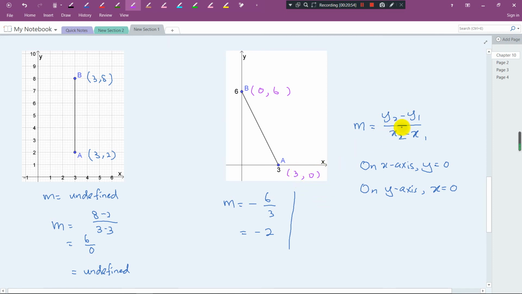Now let's try to use this formula. y2 minus y1. You can take 6 minus 0 or 0 minus 6, up to you. If you take 0 minus 6, don't forget when you go to the x part, do the same thing, 3 minus 0. So this is negative 6. This is 3. When you divide, you get negative 2. Exactly the same answer.